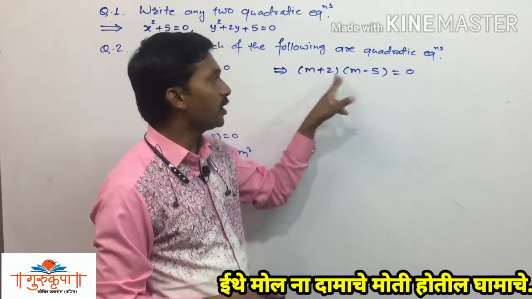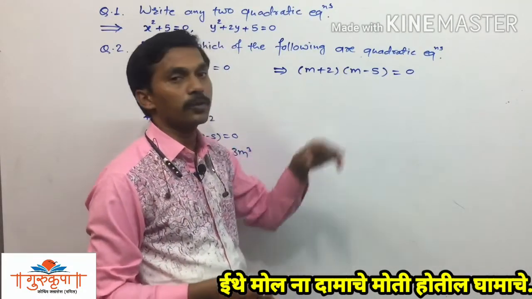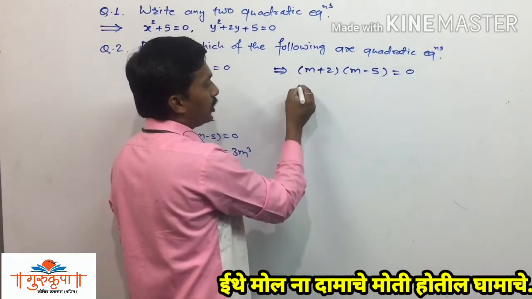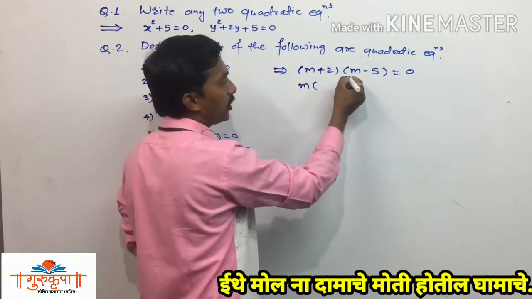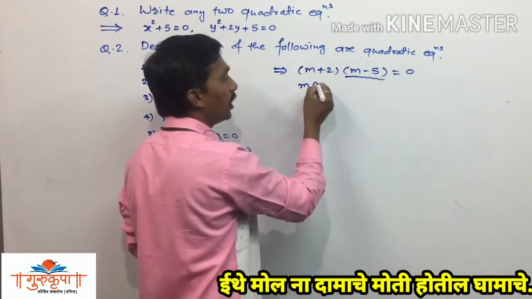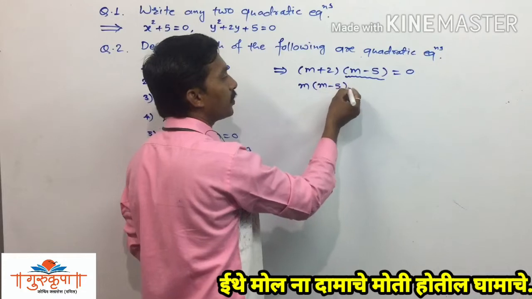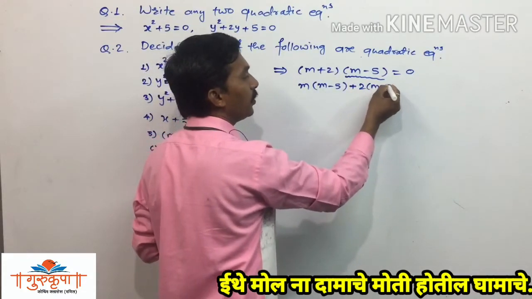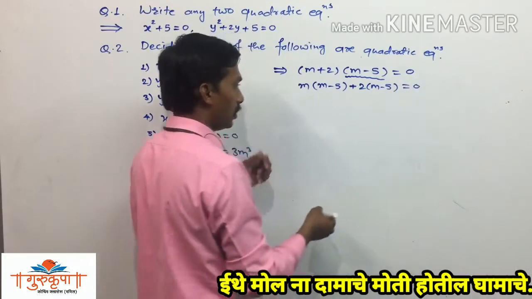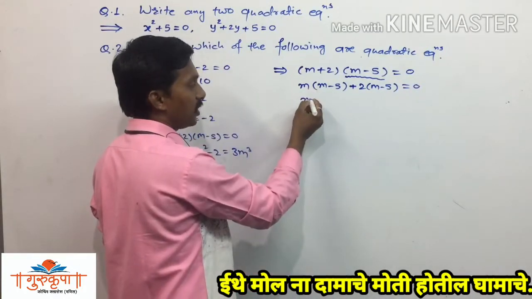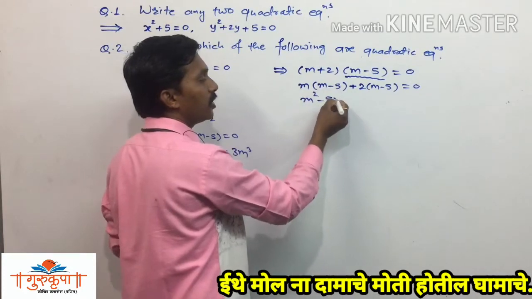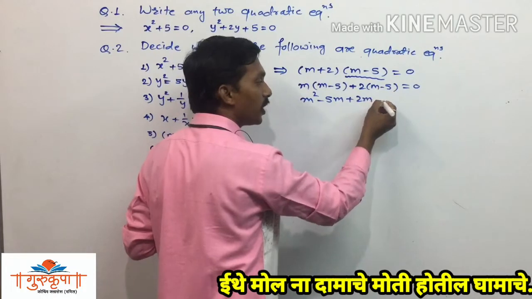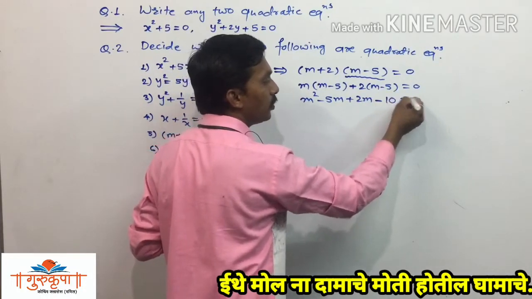We can simplify this; we have to take the multiplication of these two brackets. So we multiply m minus 5 by m plus 2. We write m into m minus 5 plus 2 multiplied by m minus 5, that is equal to 0. Now, m into m is m square, minus m into 5 is 5m, plus 2 into m is 2m, plus 2 into minus 5 is minus 10, that is equal to 0.